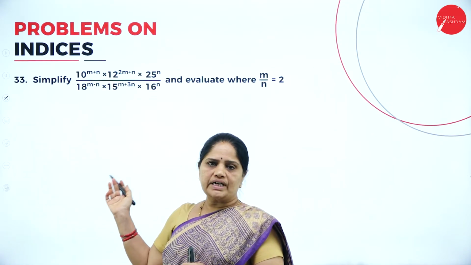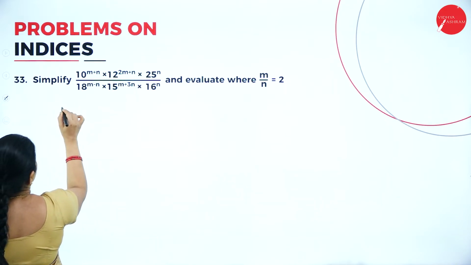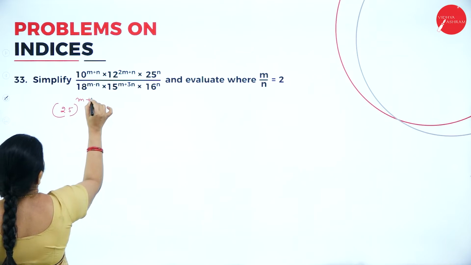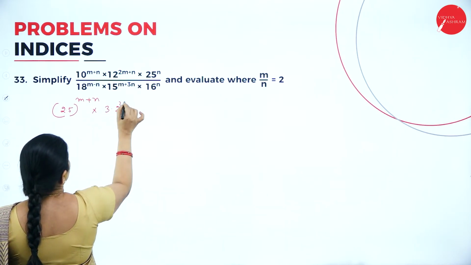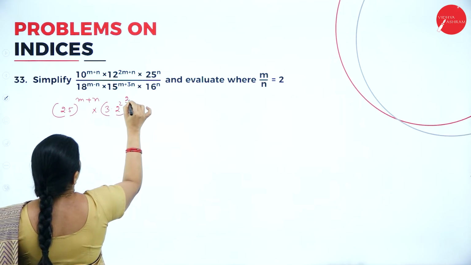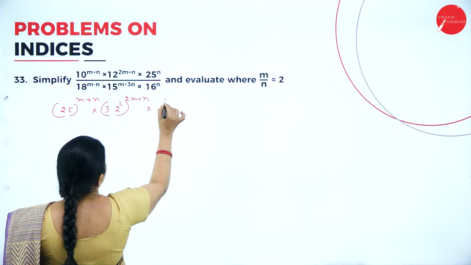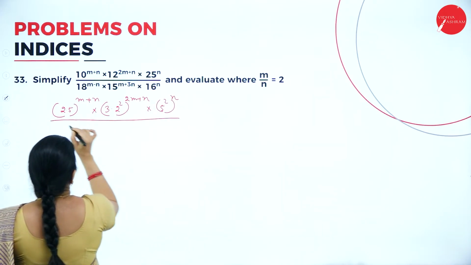Now let us work out the next problem here. So I will write here 2 into 5 to the power of m plus n into 3 into 2 square to the power of 2m plus n into 5 square to the power n, whole over.